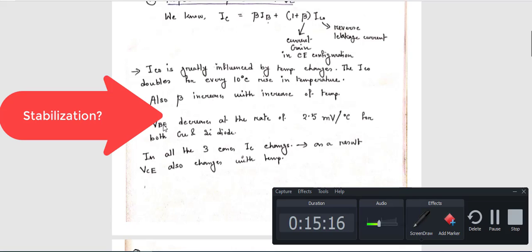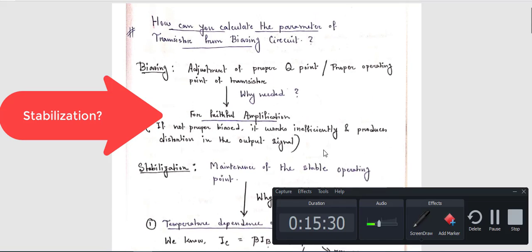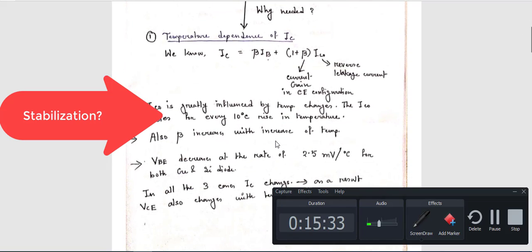If base current decreases, IC decreases. So we can see here that due to this parameter variation of a transistor, automatically the collector current changes. Now if IC changes, the operating point will be changed.